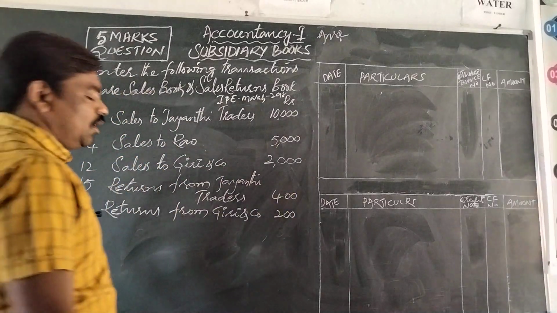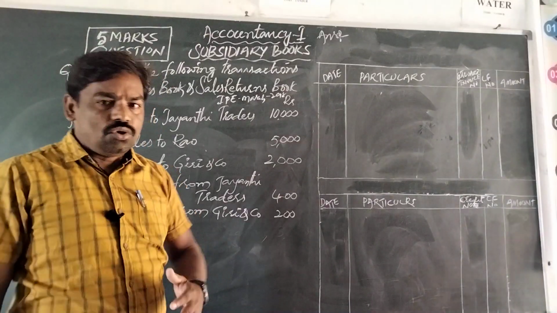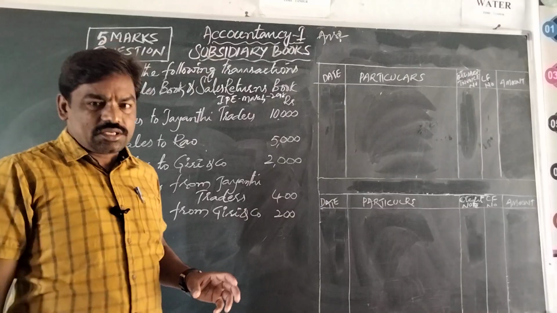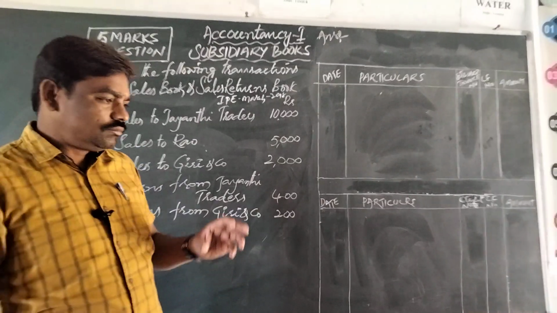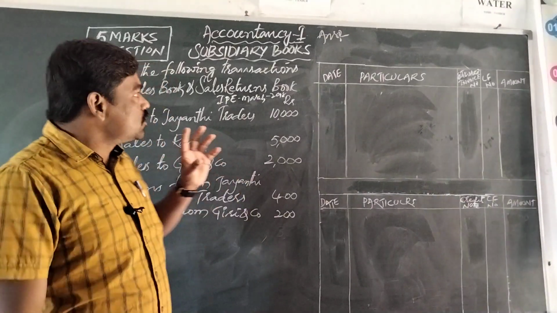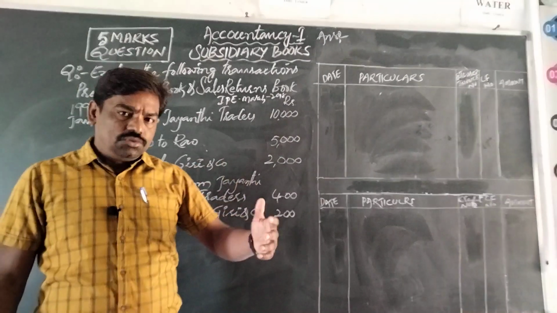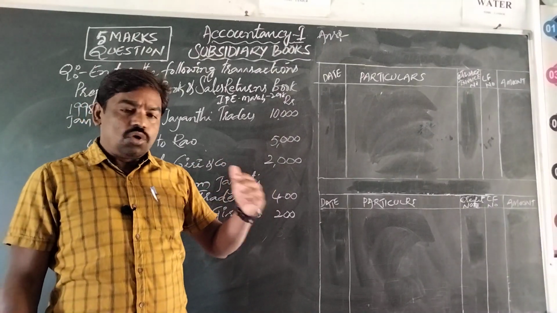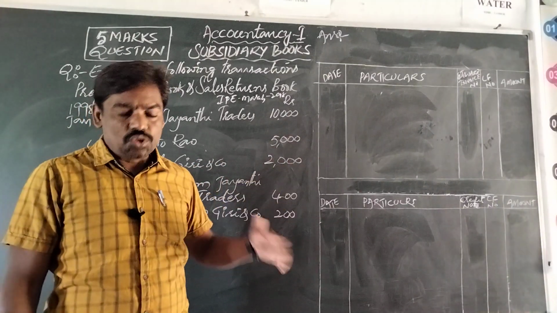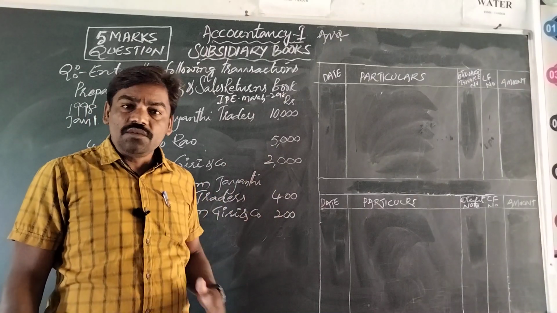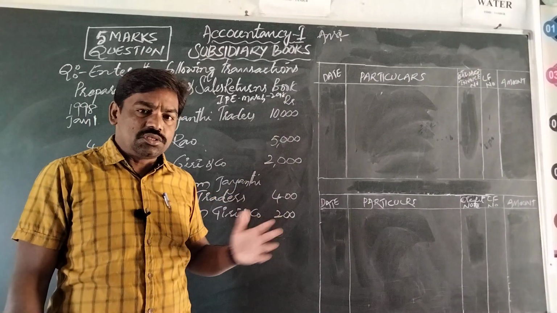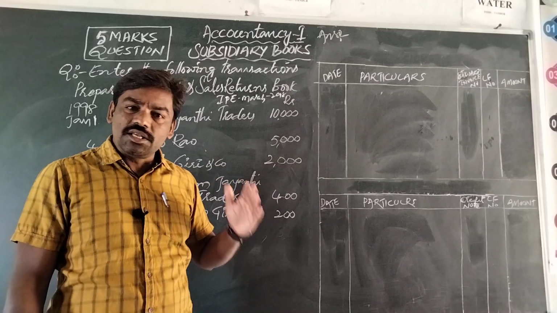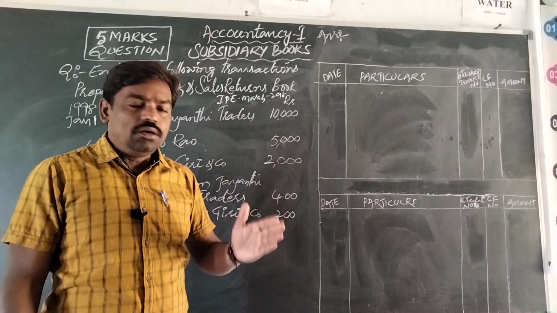Students, I hope that you know all the basic knowledge of the subsidiary books, because you already watched my previous videos where I explained different types of subsidiary books and the procedure and the things that we consider to record the business transactions in the subsidiary books.